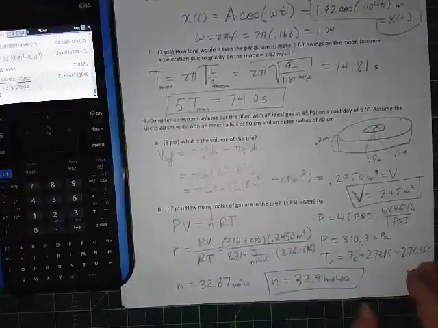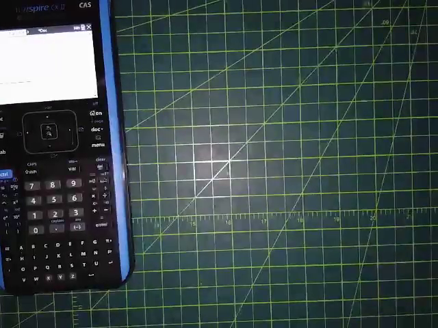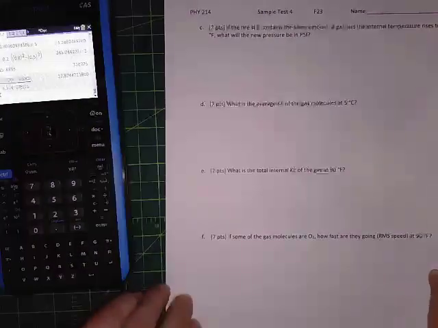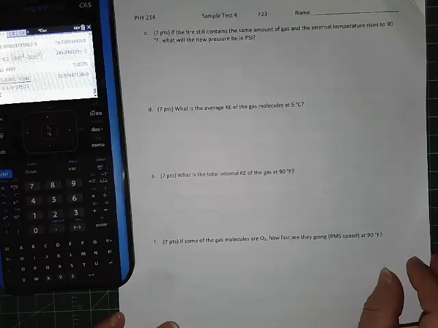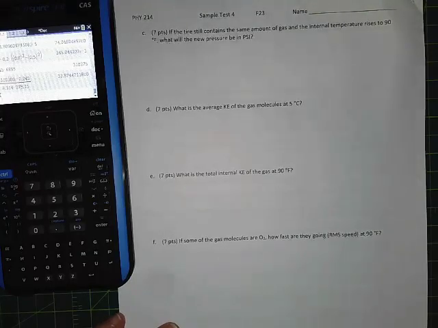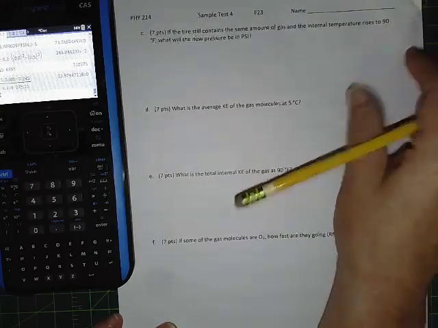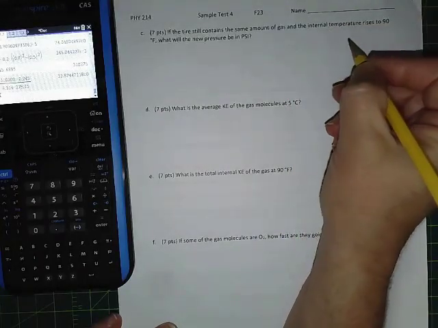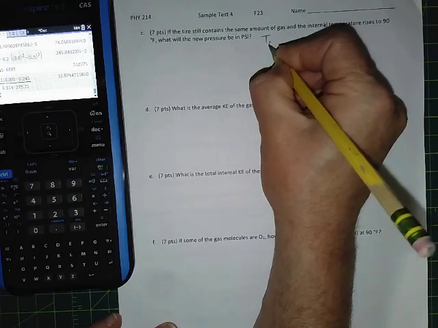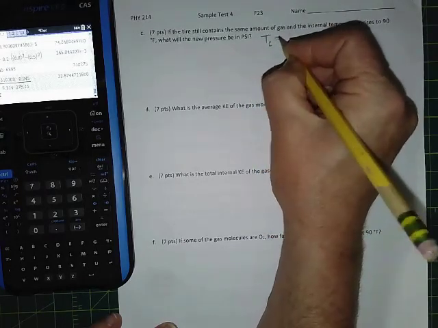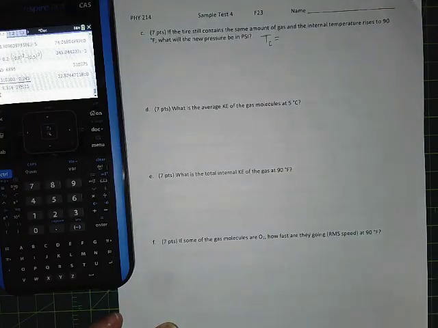Hopefully you can see all that. Back side. If the tire still contains the same amount of gas and the internal temperature rises to 90 degrees Fahrenheit, what will be the new pressure? Okay, in PSI. So 90 degrees Fahrenheit, we want temperature in Kelvin, but we'll get Celsius first. And so we get the conversion, 5/9.